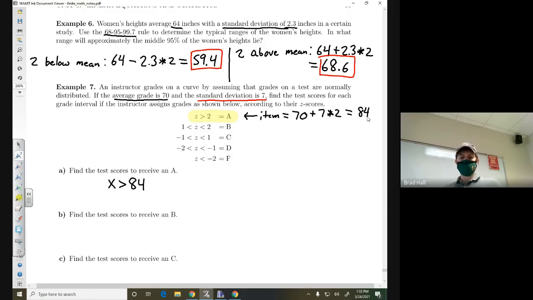So x is above 84. Okay, so the next one, what about to get a B? Well, we know what the upper bound of getting a B is. It's an 84, because once you hit that range, you go to the next one. So we already know the upper bound.